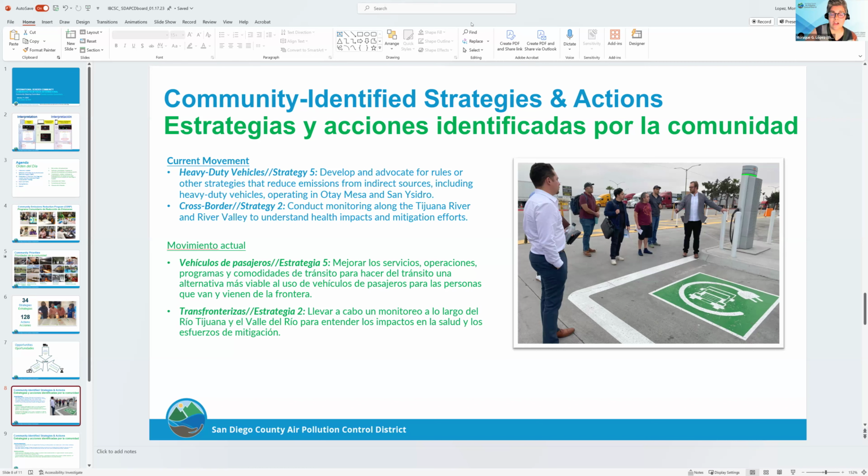And so right now, APCD is convening a working group to help inform what a potential rule or potential strategies can look like around this. So there's an opportunity to have this group plug into that working group, or better yet, have APCD staff come here and host workshops with you all to be part of that conversation and shaping what that is.